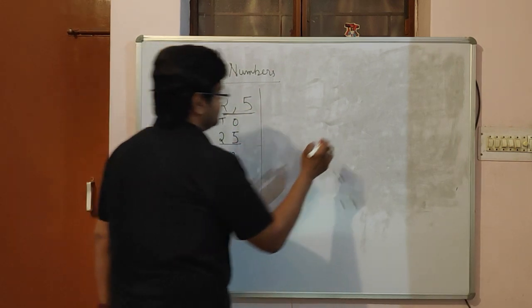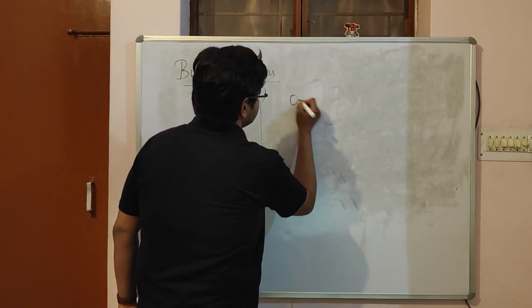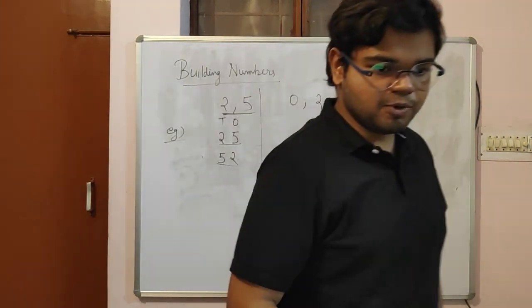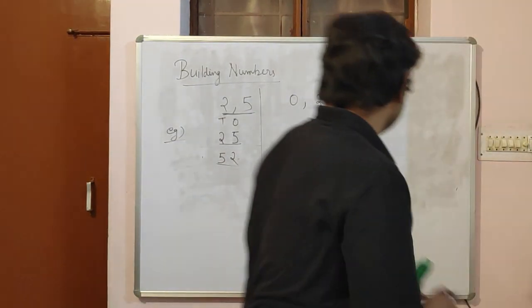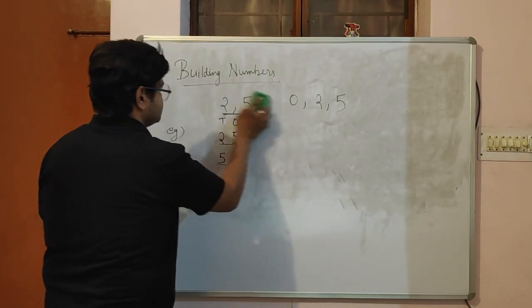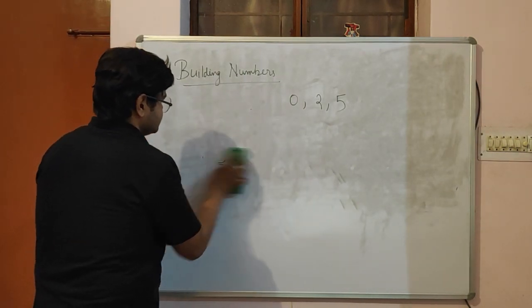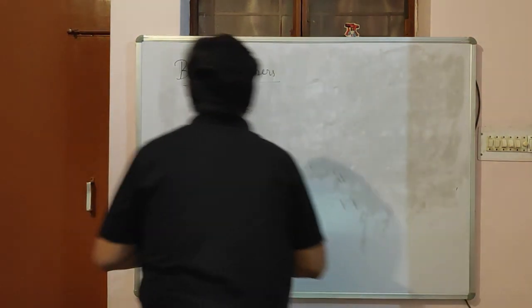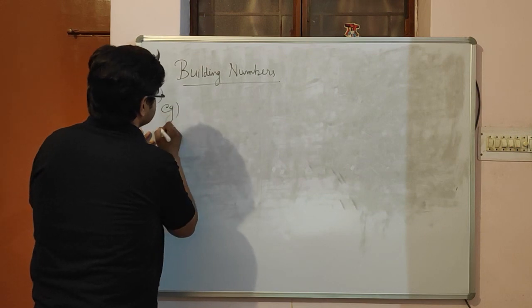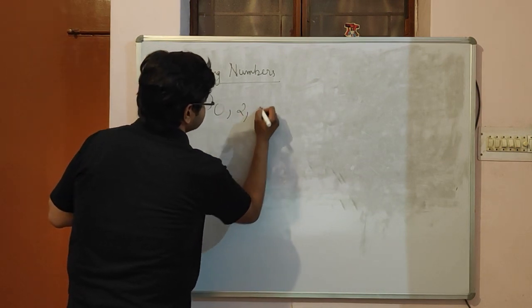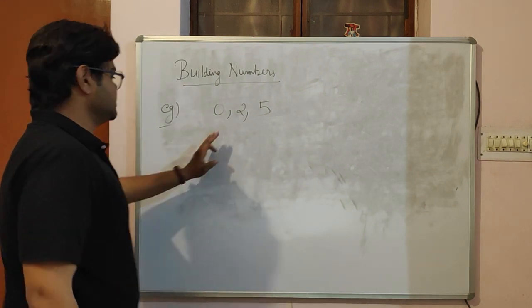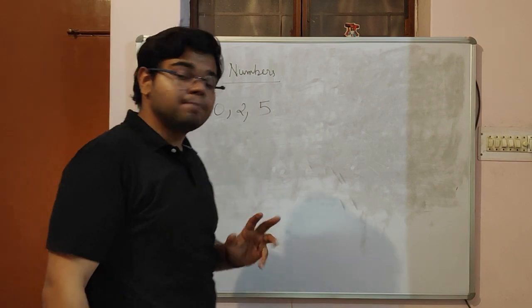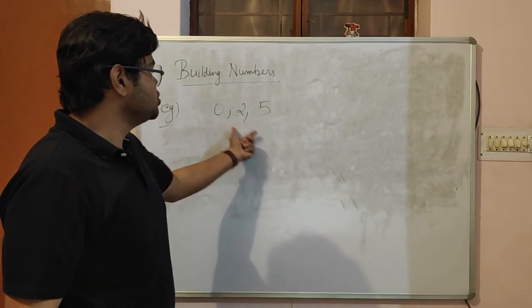Now take one more example, like 0, 2, 5. This example is also in your textbook. So we have three digits here, 0, 2, 5. And how many three-digit numbers can we form from 0, 2, 5?